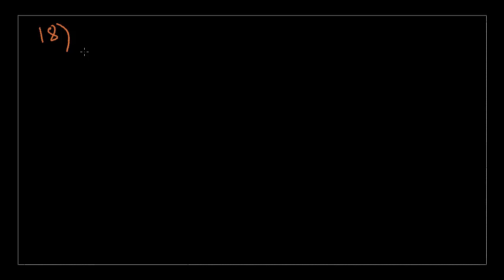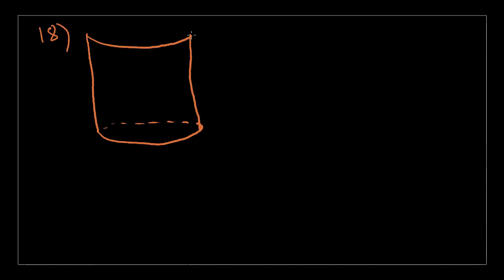So I'll just draw it right now. Cylinder. Draw it nice and big. If this was Microsoft Paint, it would have been much easier, but it's fine. These are dashed lines. And this is completely solid line.